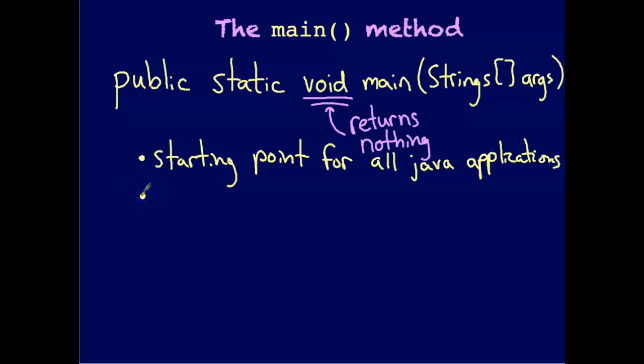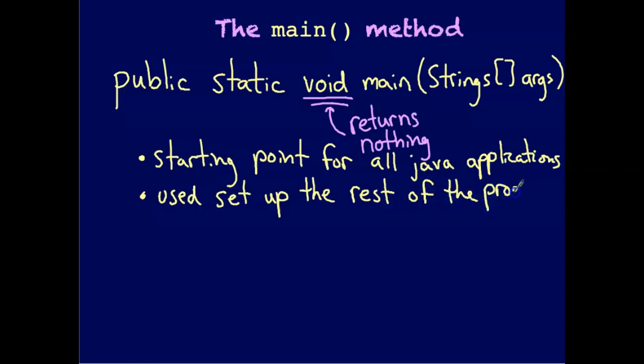Also, this is the function generally that is used to set up the rest of the program. What I mean by that is it creates any objects that will be interacting inside this program and that kind of thing.